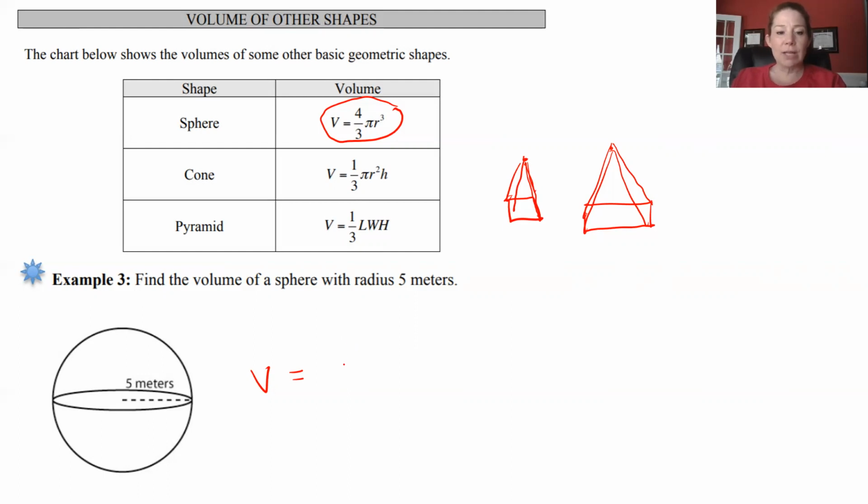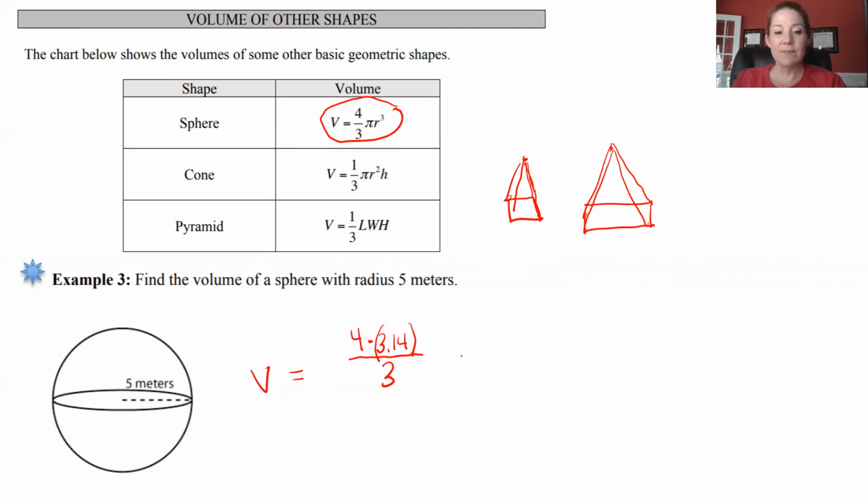All right, so if we think about pi and radius as fractions also, we're going to make our whole denominator 3 times 1 times 1, which is 3. Then on the numerator, we're going to multiply 4 times pi, 3.14, times our radius cubed. This time it's not radius squared, it's radius cubed.